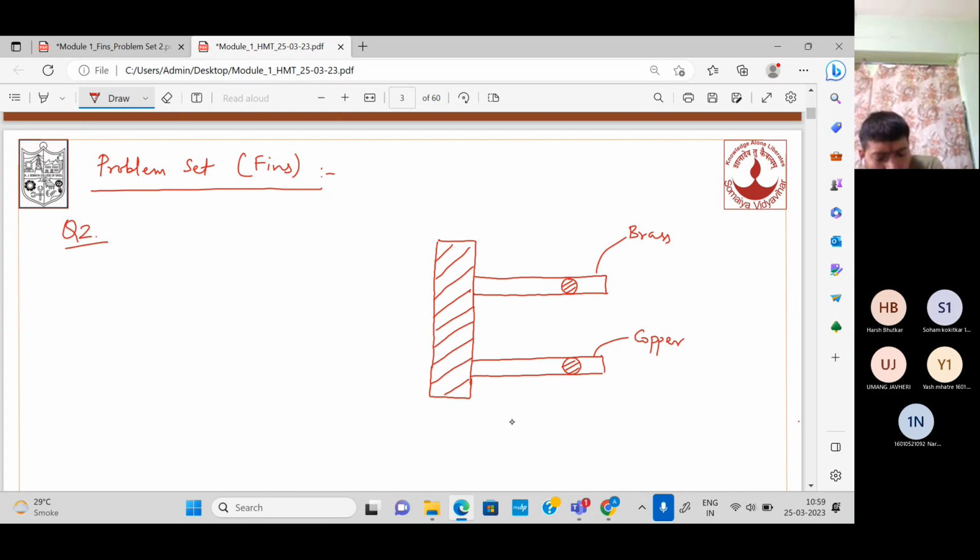Now at a distance 105 mm away from the furnace end, the temperature of the brass rod is 120 degrees Celsius. It is given.